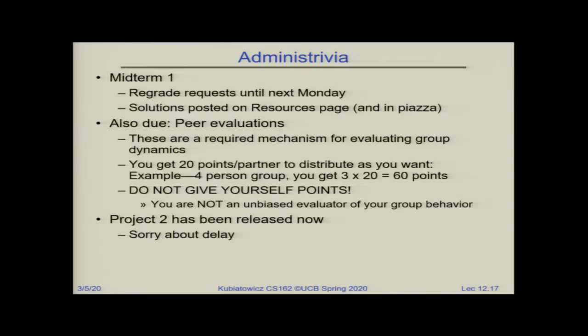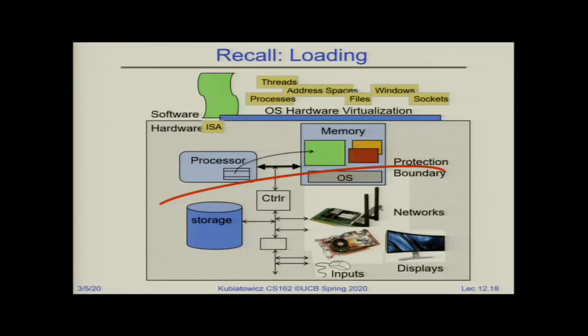Okay. So, whether 'tis nobler in the mind to suffer the slings and arrows of outrageous fortune, right? If you remember, we talked about loading, where part of the process to go from this green thing here, which is a program you've written, to a binary on storage, to a process running in memory, has several different aspects. You've got to compile it, then link it, then it gets loaded into memory.